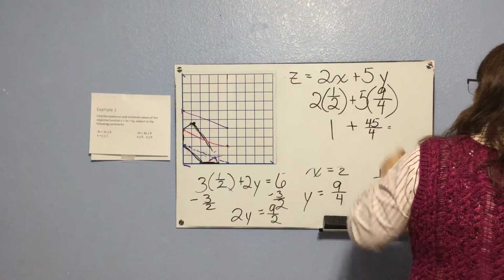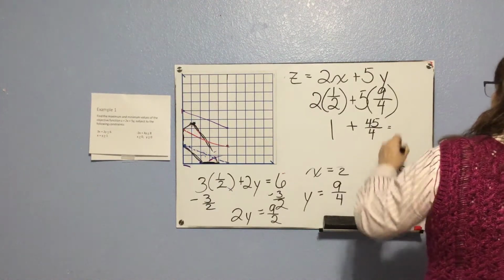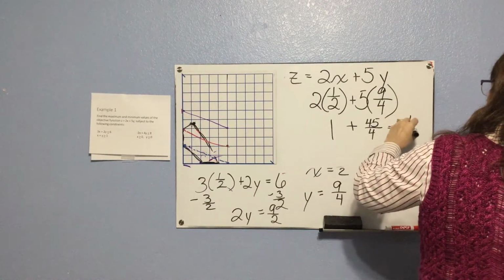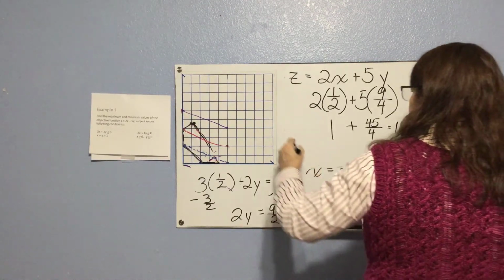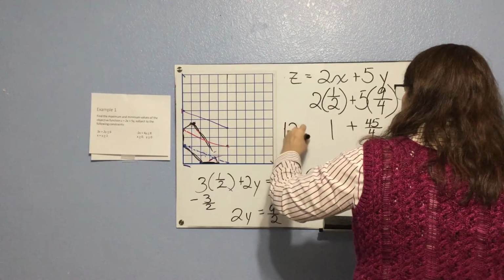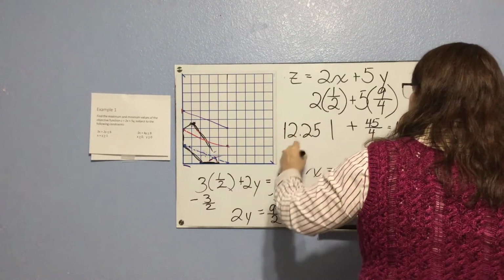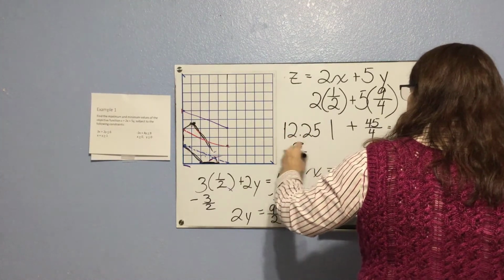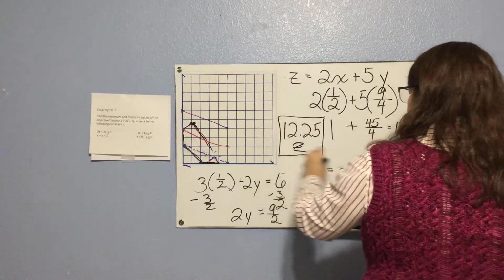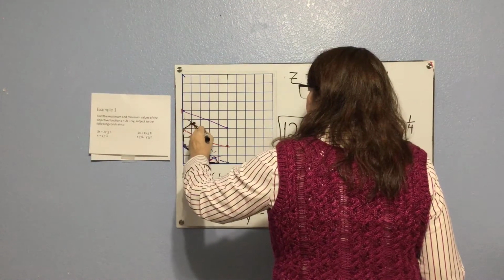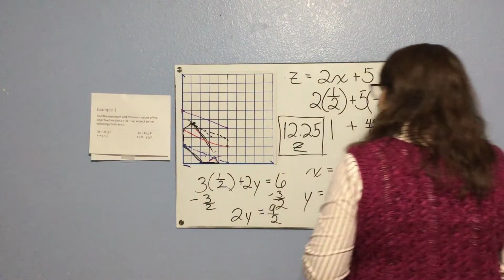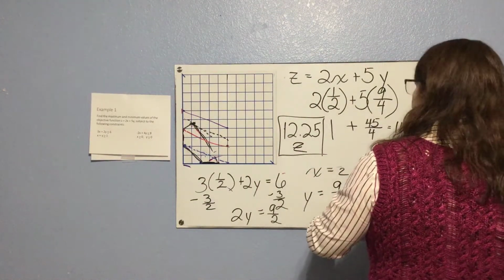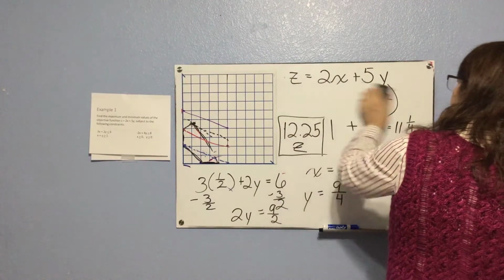So I could change that to 11 1/4, or 11.25. So I'm going to have 12.25. This is my optimal value for z. So that line would come right through here. It would be parallel to all the others. And that's my maximum value for z.